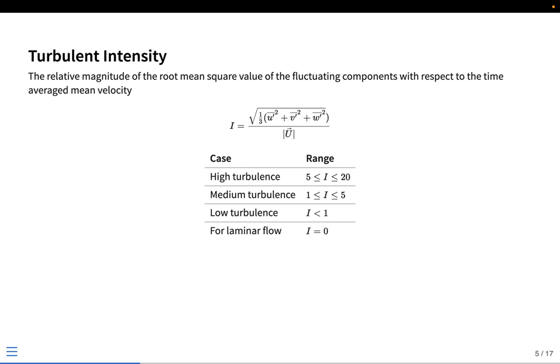And then we have defined turbulence intensity, a non-dimensional quantity which gives the RMS value of the fluctuations relative to the magnitude of the velocity measured experimentally. So this is a way to quantify the amount of turbulence in your particular problem.